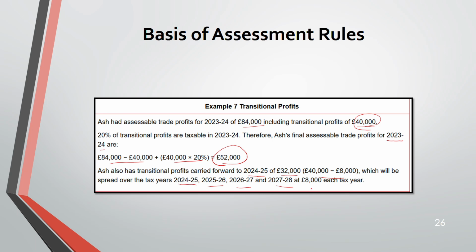That means 8,000 each tax year, since 32,000 divided by 4 is 8,000. Or simply take 40,000 and divide by 5 because you spread over 5 tax years. Still 8,000, starting with 24-25.